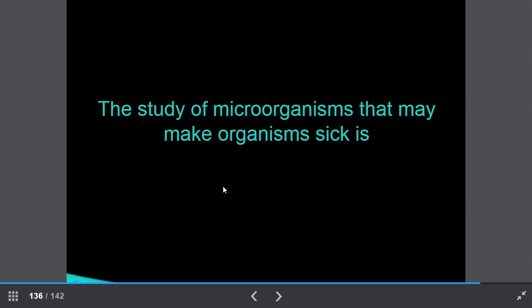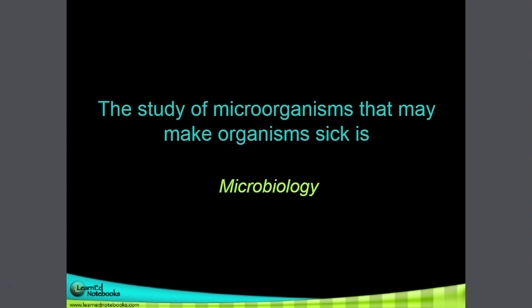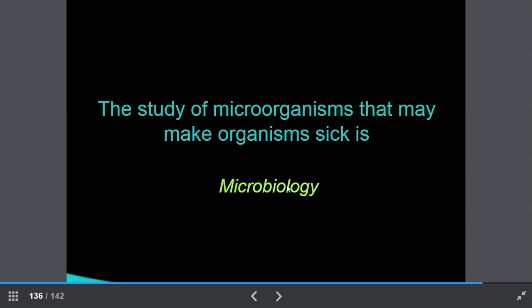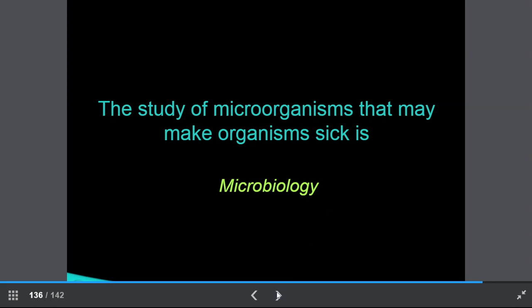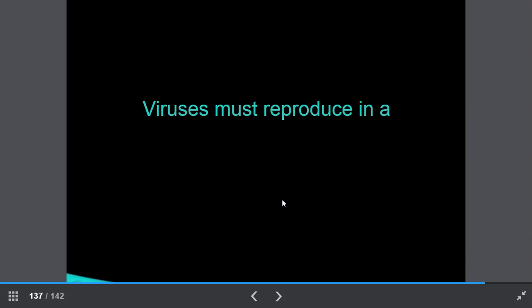The study of microorganisms that may make organisms sick is known as microbiology. Microorganisms are organisms that are difficult to see with the naked eye. Microbiology, very small. Remember that some fungi and some parasites can be seen with the naked eye, but the majority of them cannot. Viruses must reproduce in a host cell.